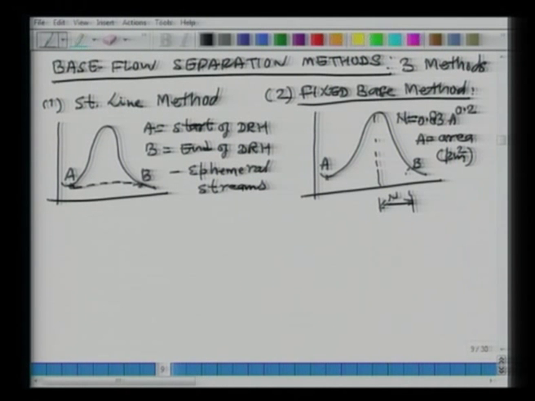So what we do is we have located the points A and B. Now what we do is we take the previous hydrograph, and then we just extrapolate it, and find the point of intersection of this extrapolated hydrograph with the line drawn from the vertical, and then we join this point with the end point B.